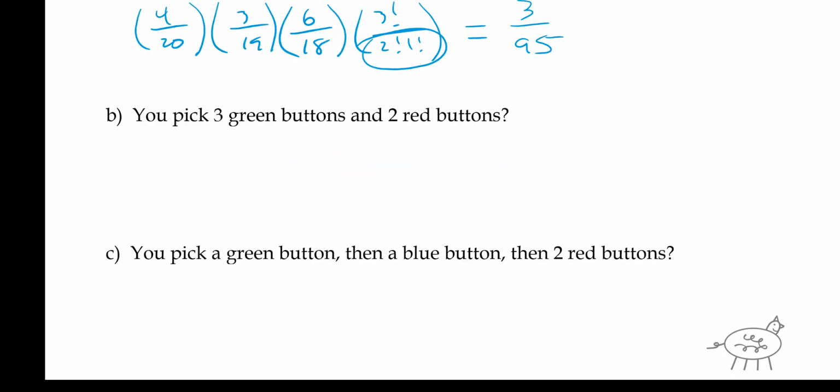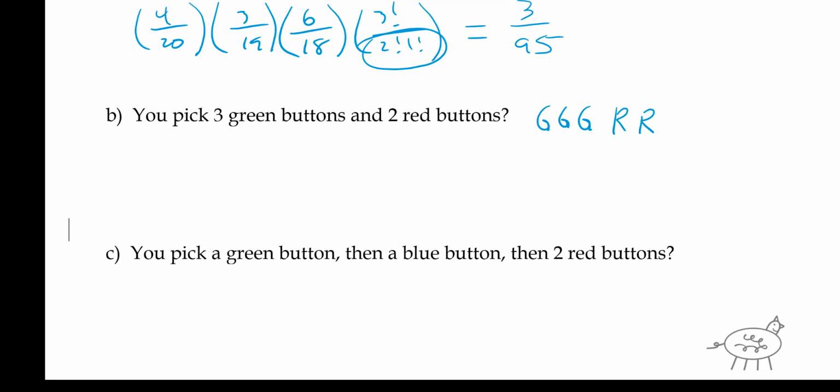Okay, B, you pick 3 green buttons and 2 red buttons. Same situation, except it is just green, green, green, and red, red.